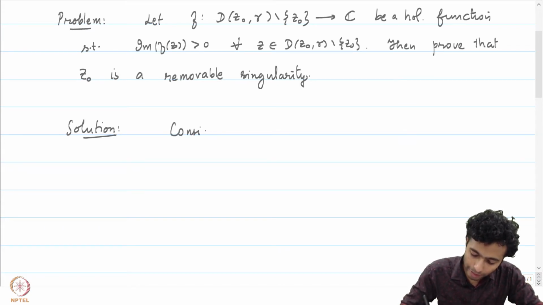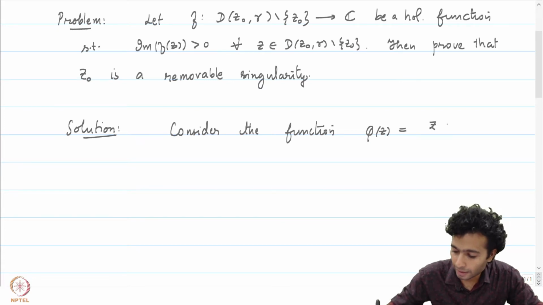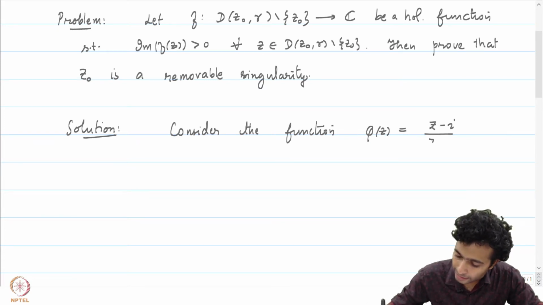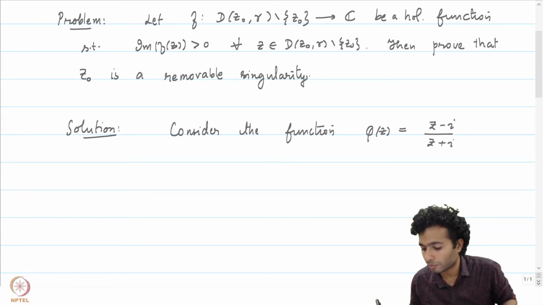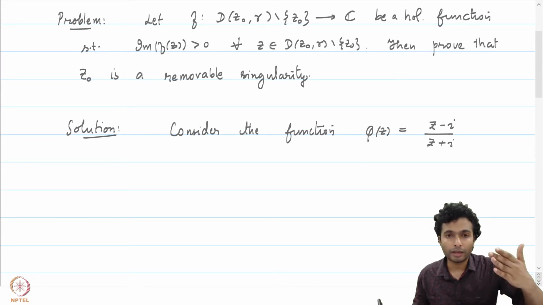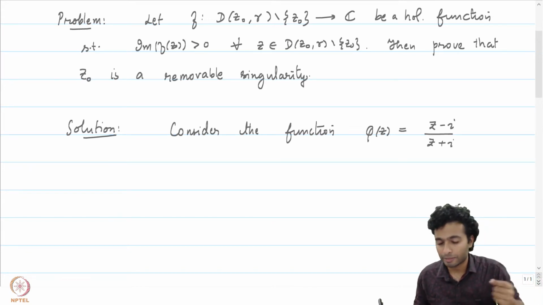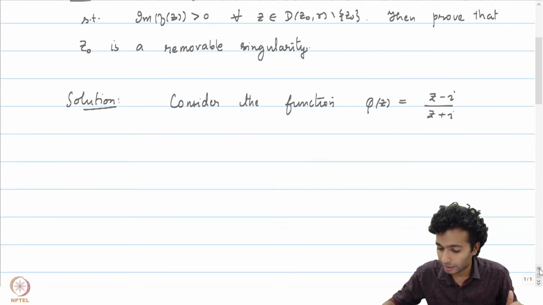Consider the following map. Consider the function, the Mobius transformation phi of z, which is given by z minus i by z plus i. So if you notice, this Mobius transformation is holomorphic away from minus i. In particular, in the set of all z such that imaginary part of z is greater than 0, where minus i does not belong to, this function is holomorphic, and we know that it can be inverted there.